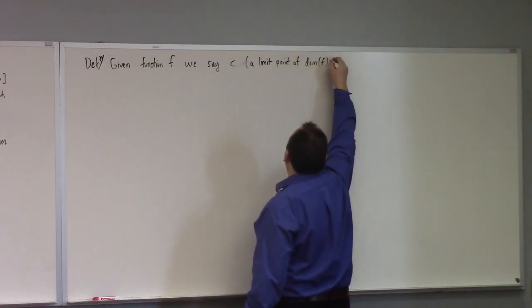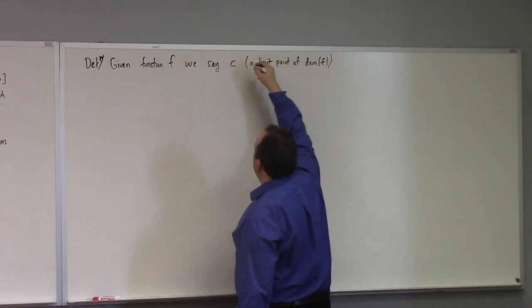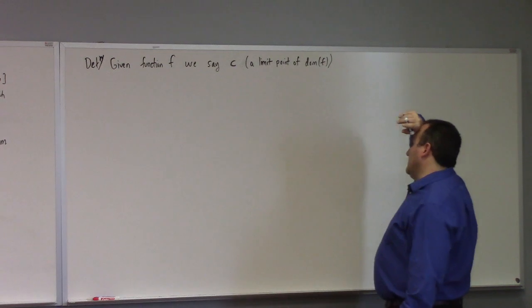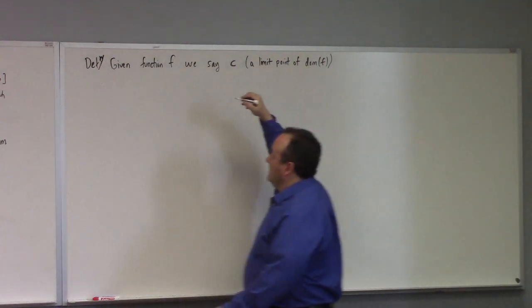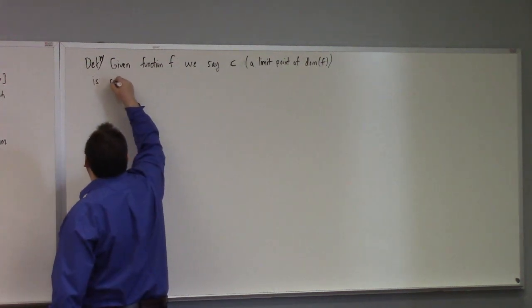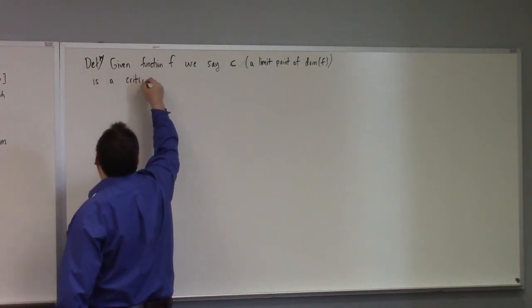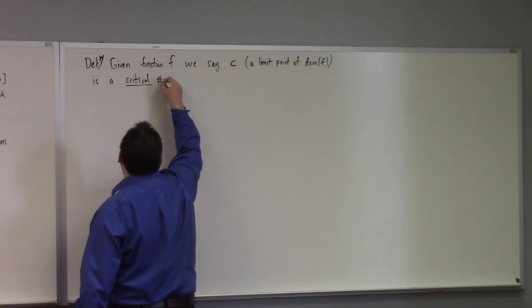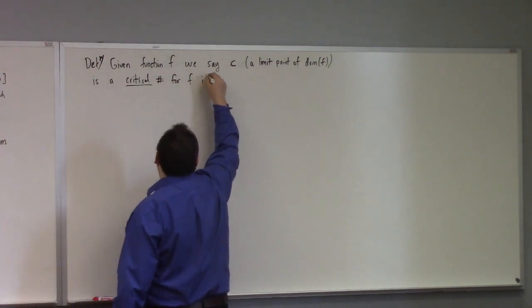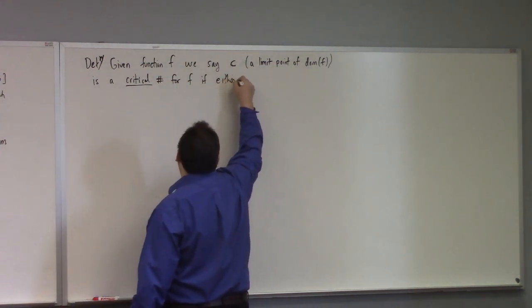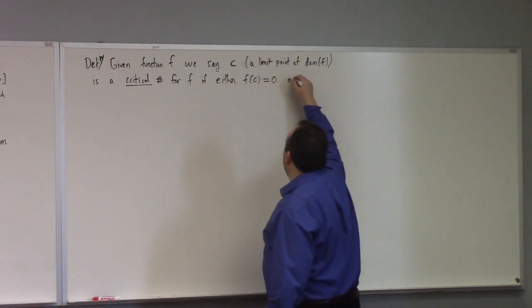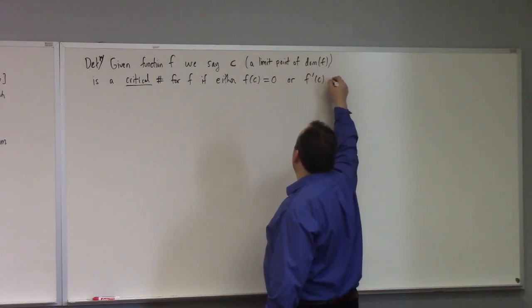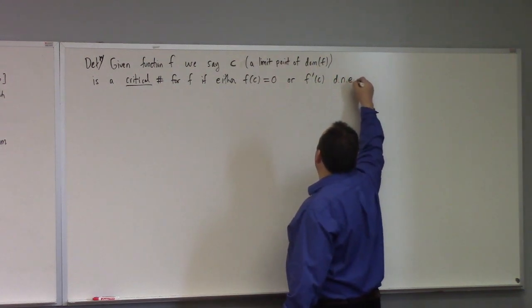If you look at the definition in my notes, it's a little bit ambiguous. I don't really come out and say this, but I think to make this interesting, a limit point in the domain of f is a critical number for f if either f prime of c is equal to 0 or f prime of c does not exist.